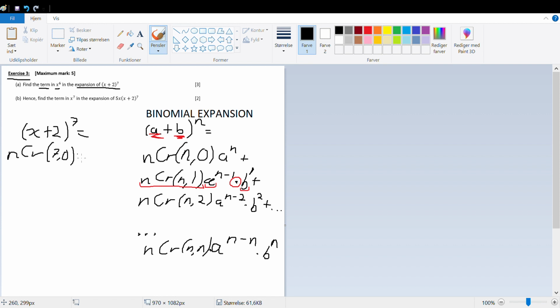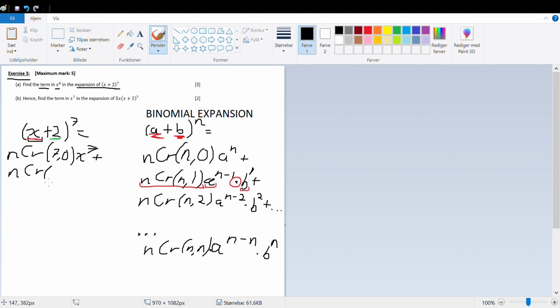And then I'm going to do x, because that's my a in this case. This is the a. So I'm going to highlight it with red to show that. And then I'm going to use green for b. So yeah, we've got x, and we take that to the n in this case. So that's 7.